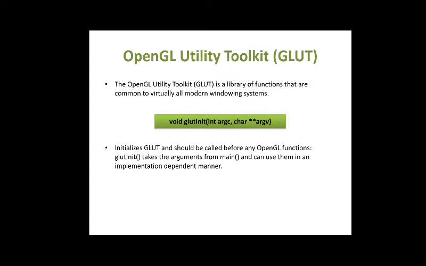Whenever you are calling any function from OpenGL, before that you have to initialize the graphics library toolkit. It takes the arguments from main, and we use them in an implementation dependent manner. Here argc represents the count, and argv represents the values. This is how I initialize my graphics utility toolkit.